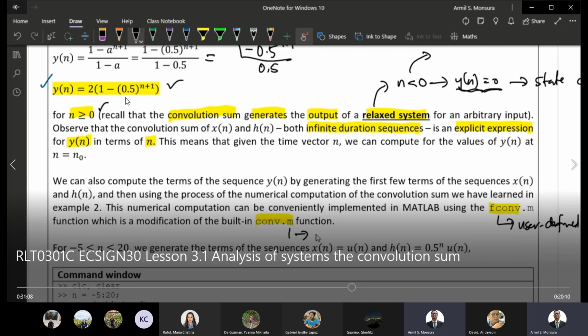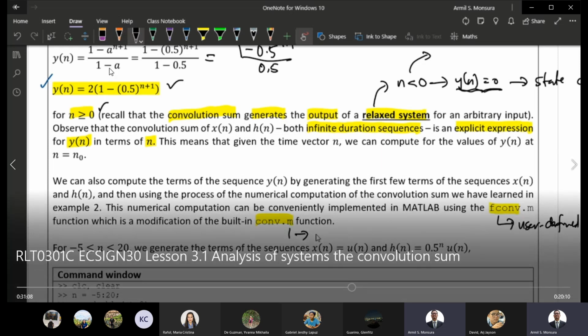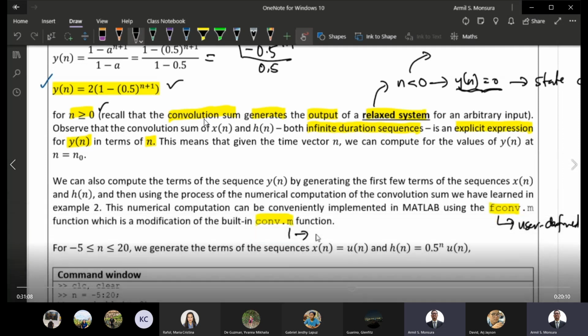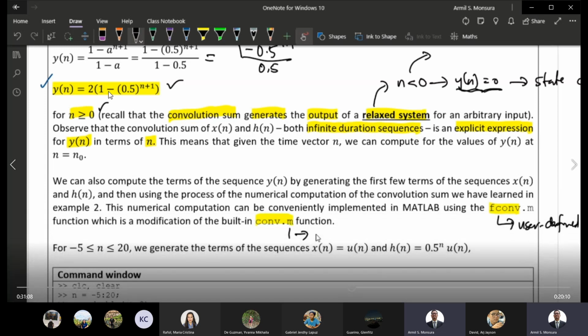So, kung pareho yung signal values na ma-generate ko on both process, that is number 1, yung numerical convolution sum, and yung second is yung implementation ng explicit formula na to, then masasabi ko na yung dalawang proseso na ginawa ko are equivalent processes. And therefore, masasabi ko na tama tong formula ko na nakuha ko using analytic solution ng convolution sum ko.